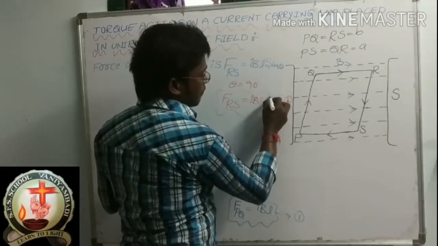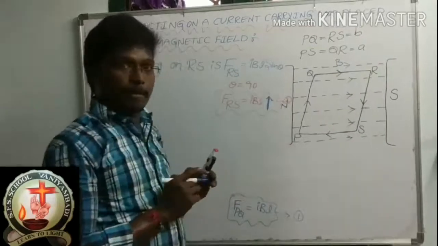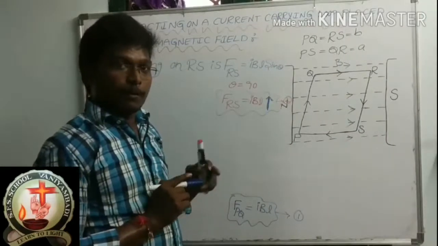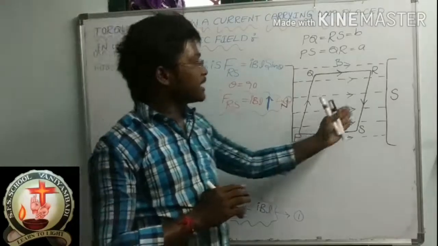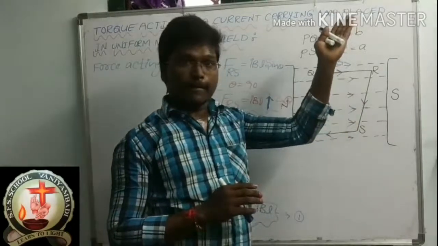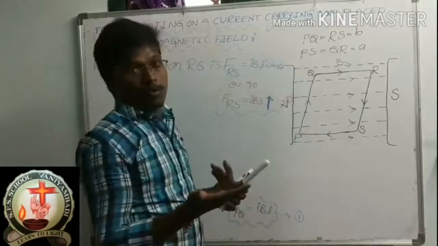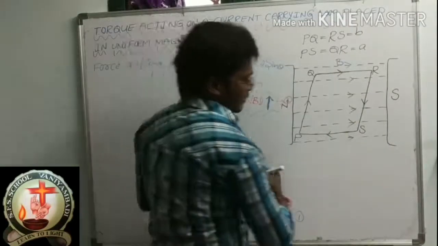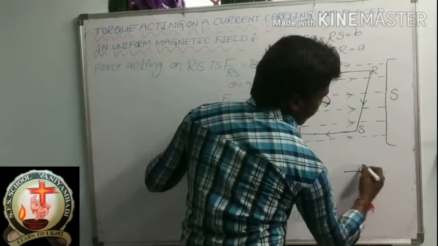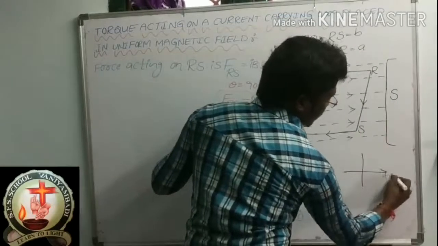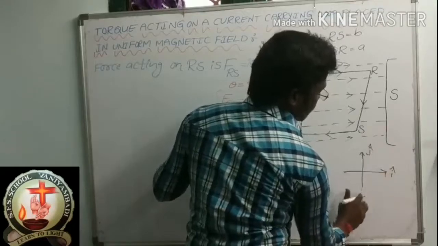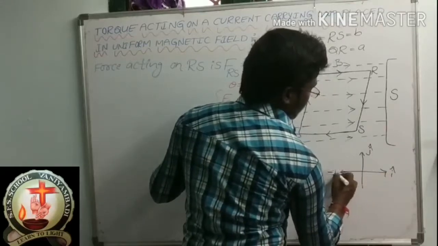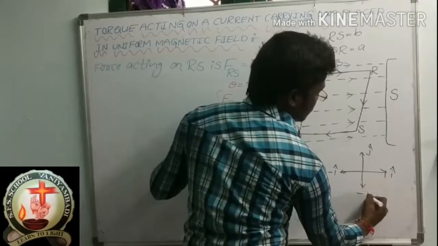I'm not doing anything here. Force is acting upward. Otherwise, in the normal way, I think you know this: I cap, J cap, minus I cap, minus J cap.